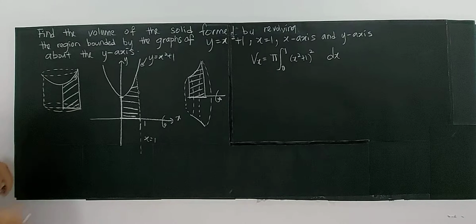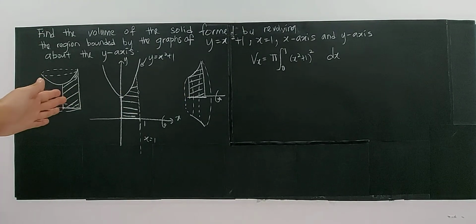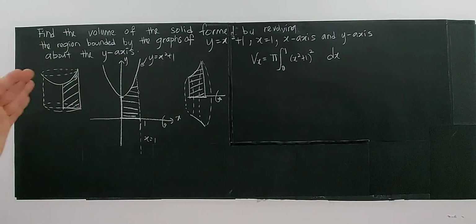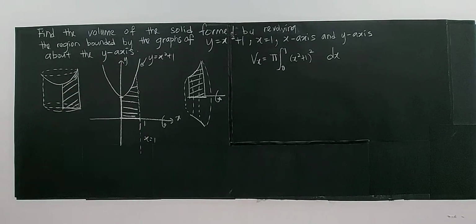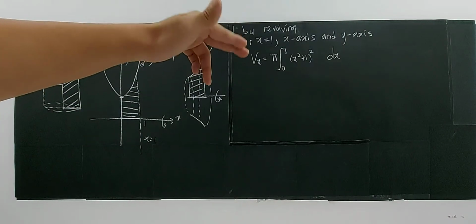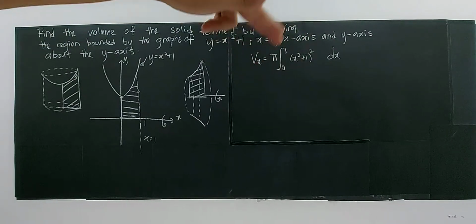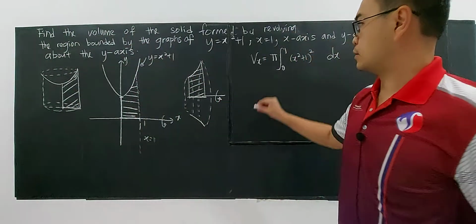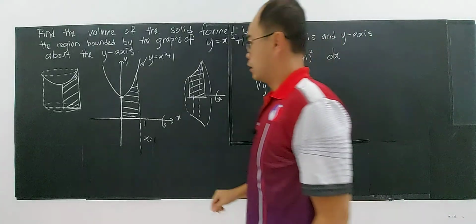The volume for this solid and this solid will be different, because one is rotated about the x-axis and the other is rotated about the y-axis. I have told you that if rotating through the x-axis, this will be the correct way of defining the volume. So now let's look at the volume rotated about the y-axis.